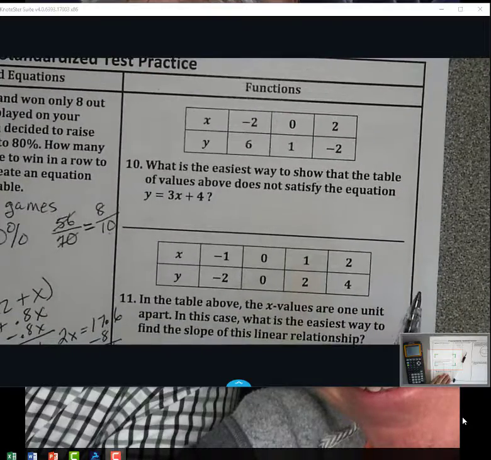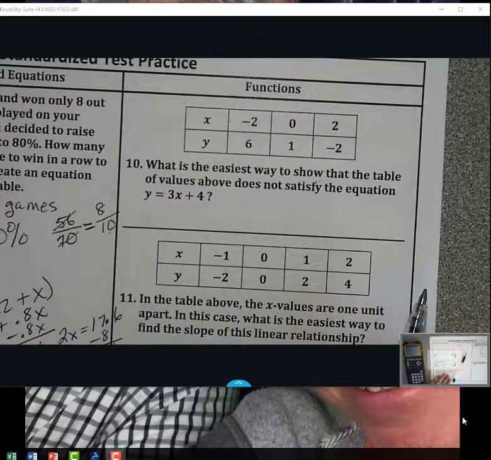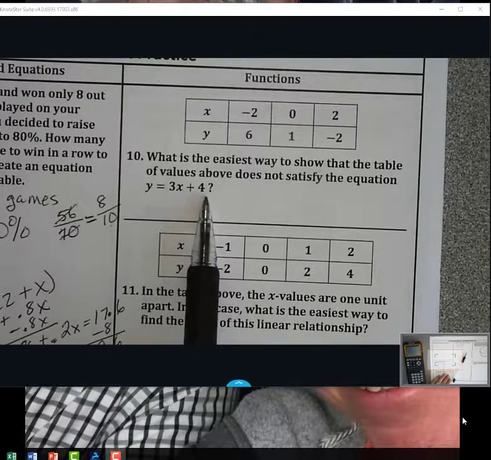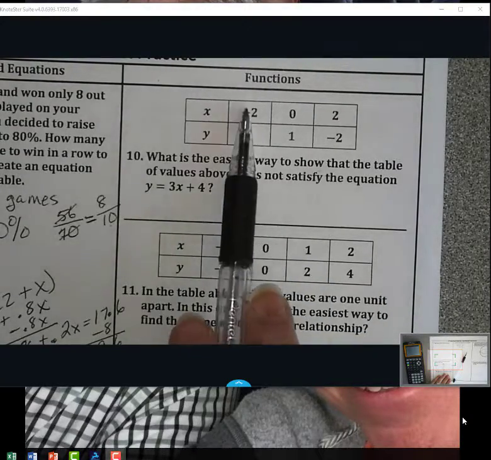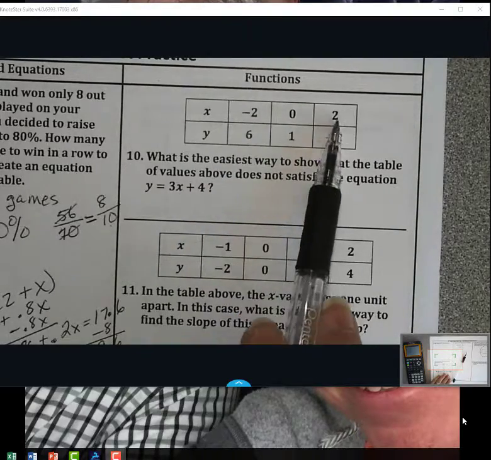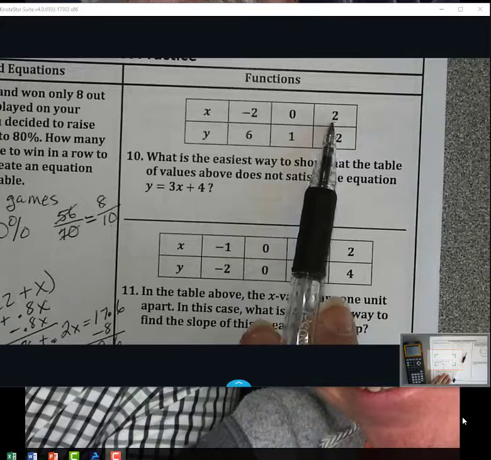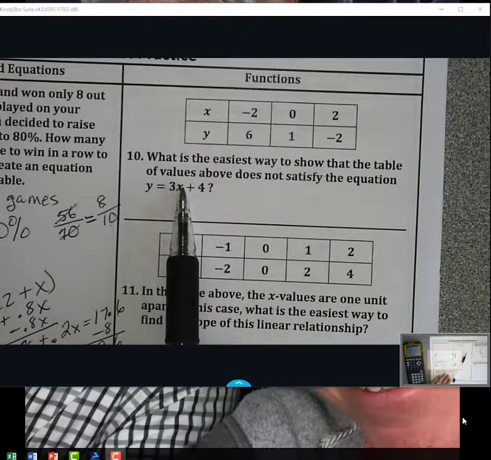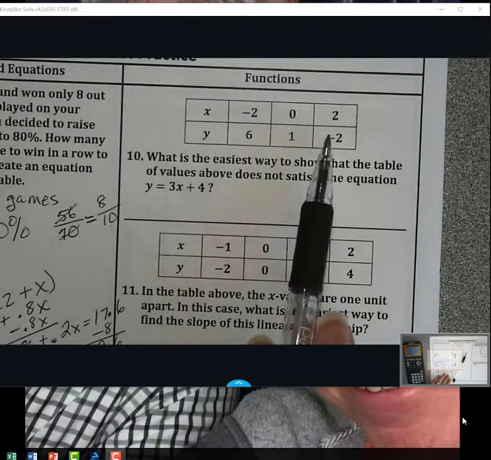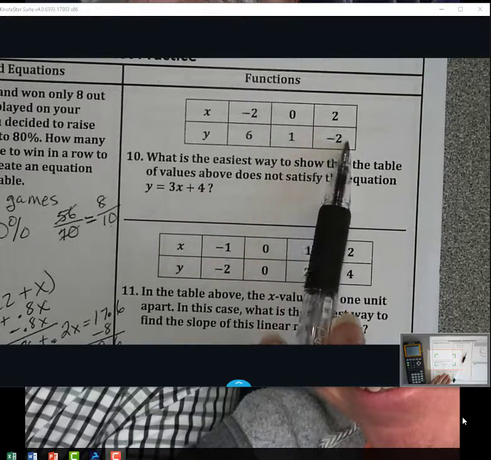Number 10, what's the easiest way to show that the table of values does not satisfy the equation y equals 3x plus 4? Okay, well, if I substitute any of these numbers for the input, I should be able to get the output. So let's say I used x equals 2. So 3 times 2 is 6, and 6 plus 4 is 10. Well, this is not 10.